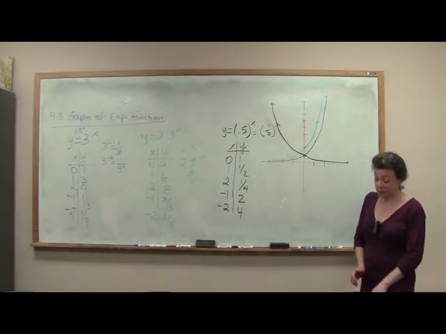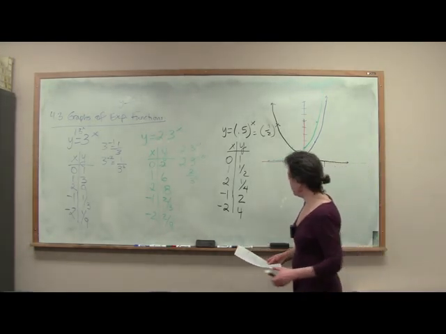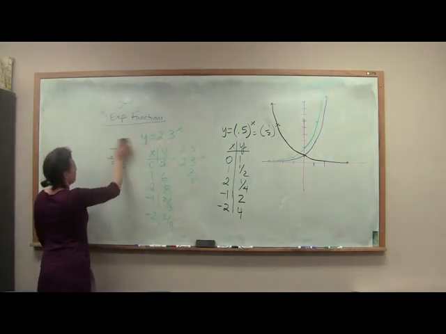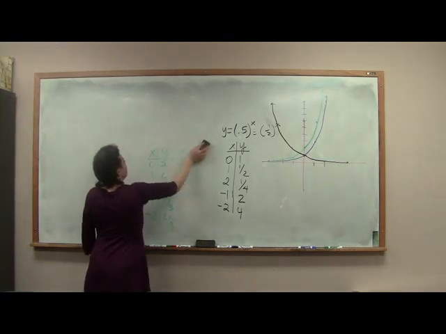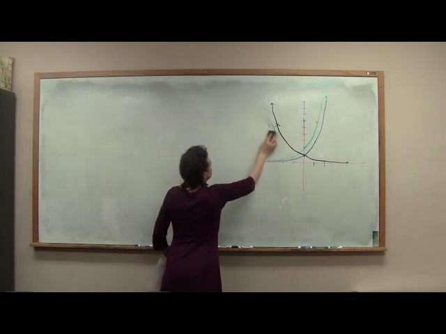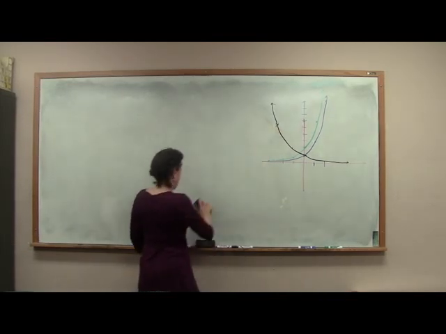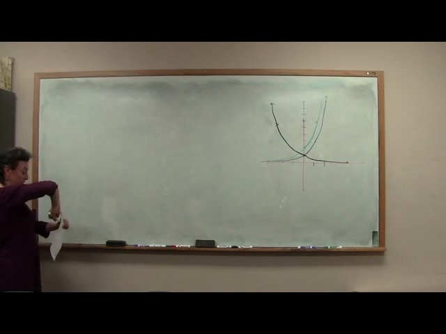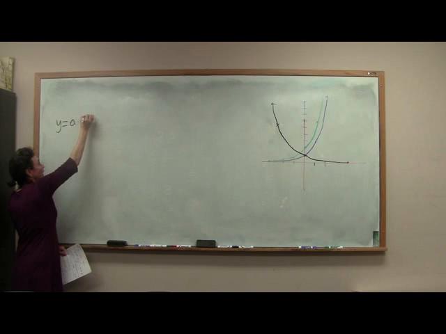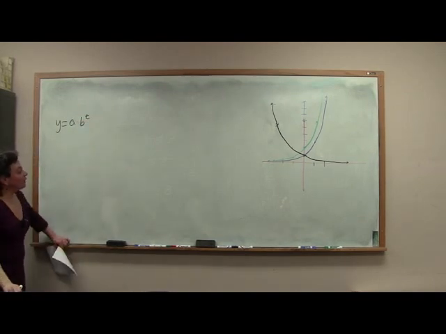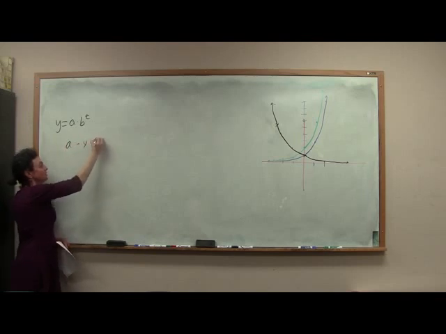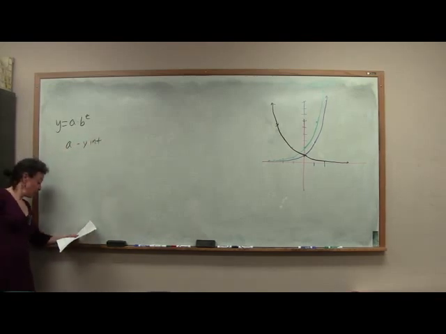So some things to notice, okay? I would like to summarize some of these because it's pretty interesting. In general, given y equals a times b to the power of t, notice this a is our y-intercept, okay?